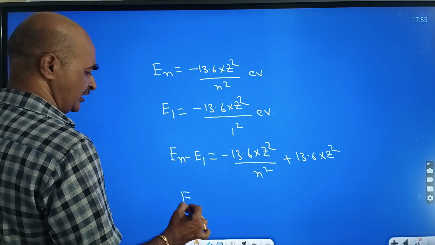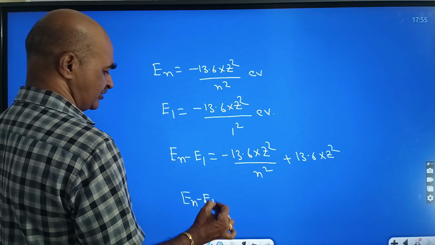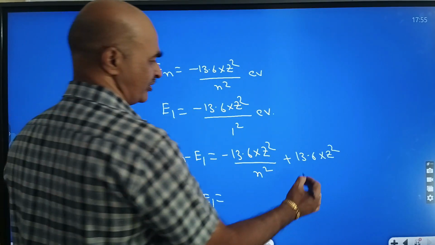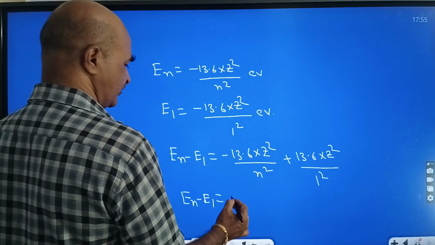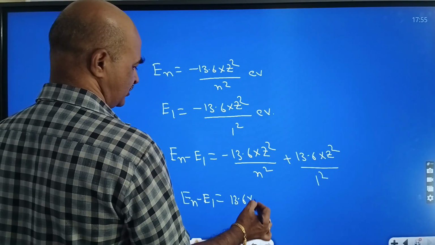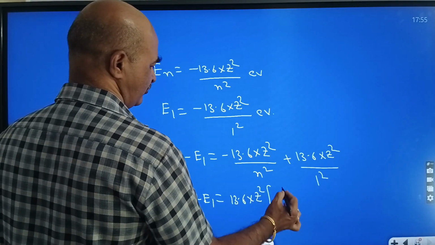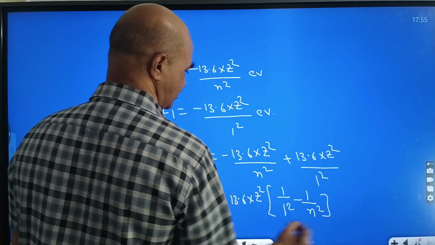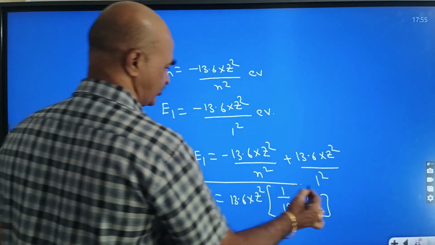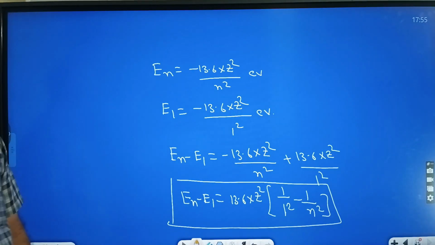Therefore, En minus E1 is equal to 13.6 into Z square, 1 by 1 square minus 1 by n square. This is the excitation energy.